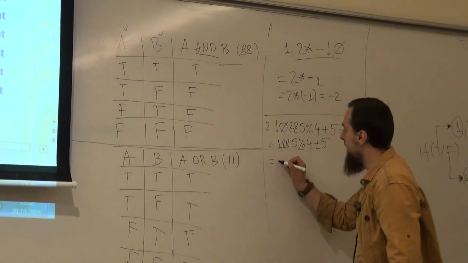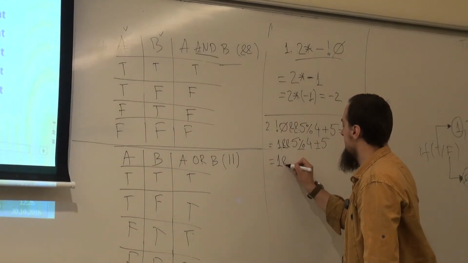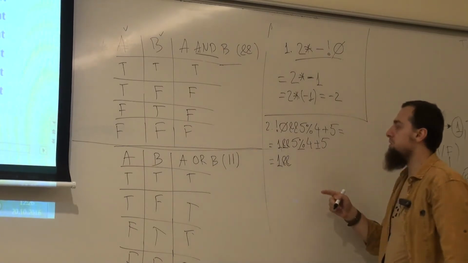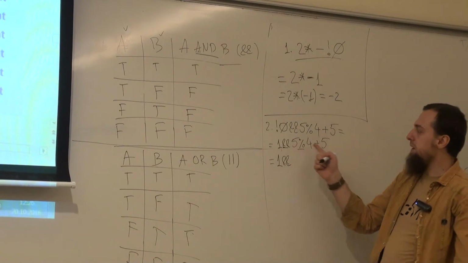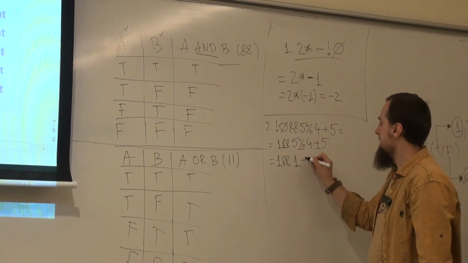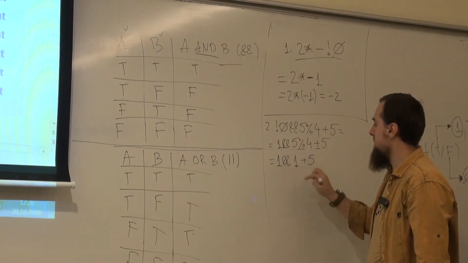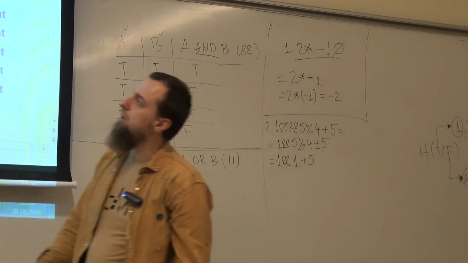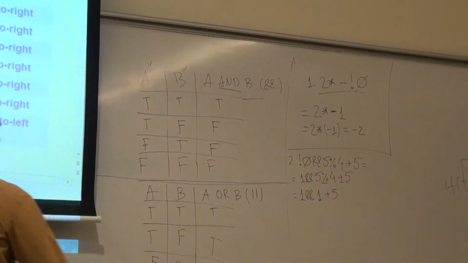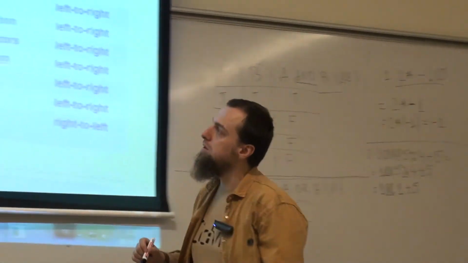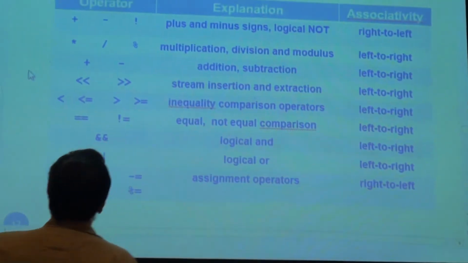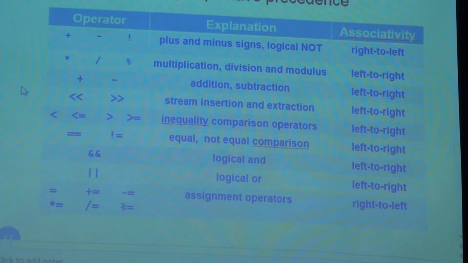That's why we have 1 and 5 modulo 4. How much is that? 1, because the remainder is 1, plus 5. Then what do we have? We are left with and, addition. Which one is going to be executed first?